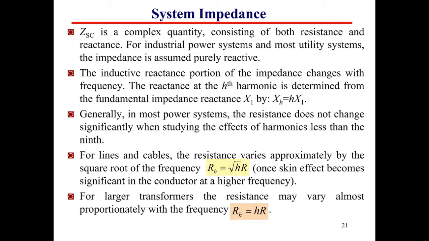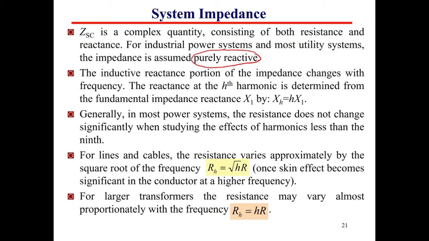The source impedance or the system impedance is a complex quantity consisting of both resistance and reactance. For industrial power systems and most utility systems, the impedance is assumed to be purely reactive. The inductive reactance portion of the impedance changes with frequency, of course, because XL is equal to 2 pi fL.